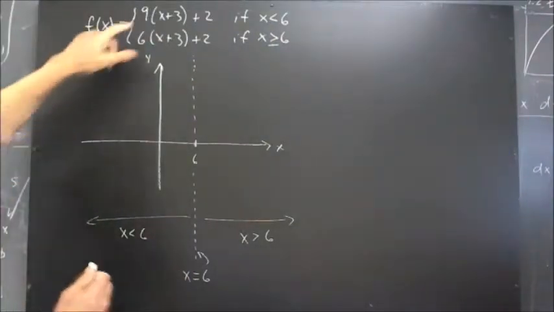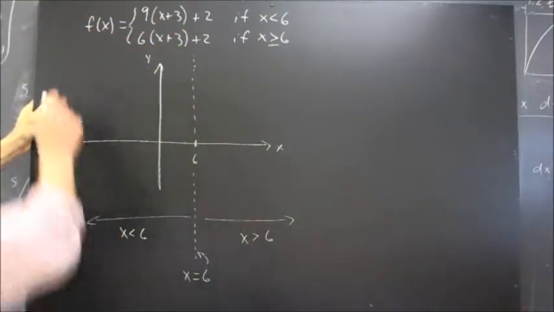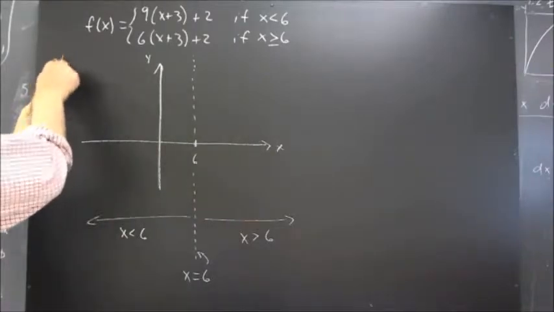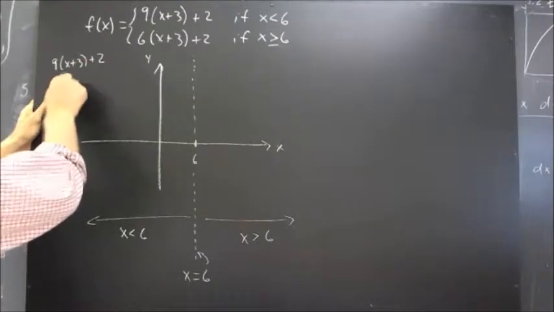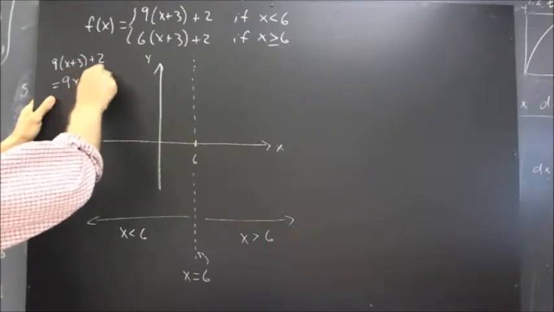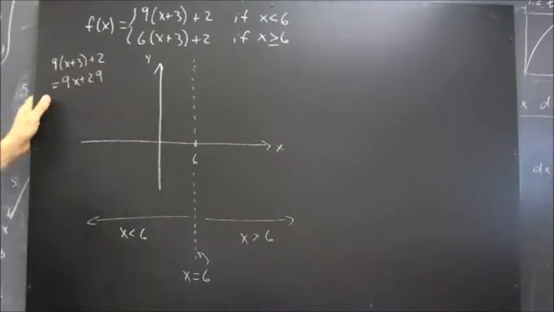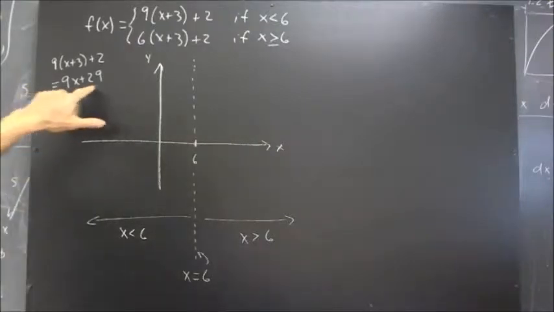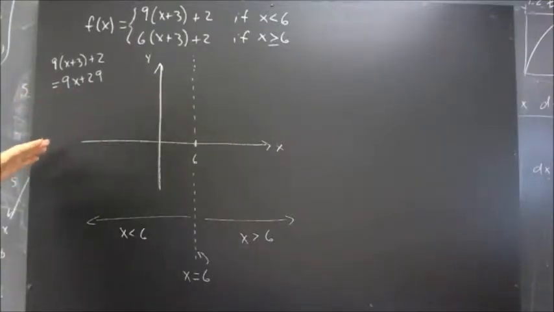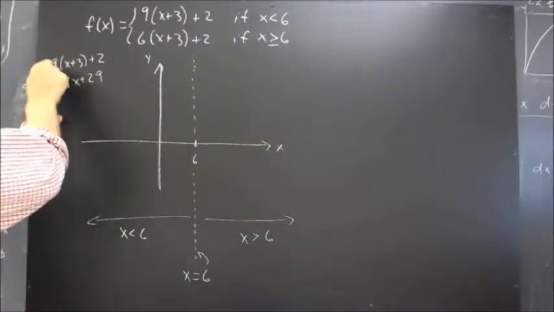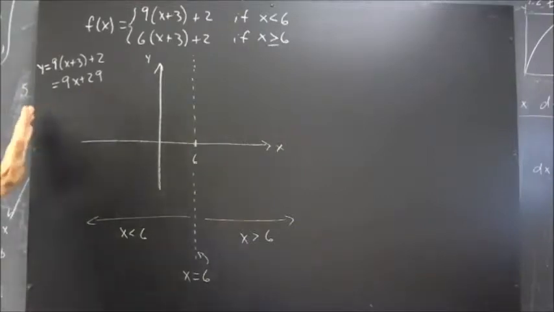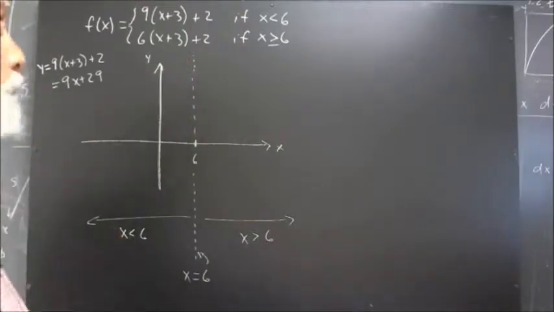So, what's this graph? Well, first of all, 9 times x plus 3 plus 2 equals 9x plus 29. And that's going to be the linear function that we graph on this side. That's the point slope form. So we would have y equal to this, from here all the way over to this point.